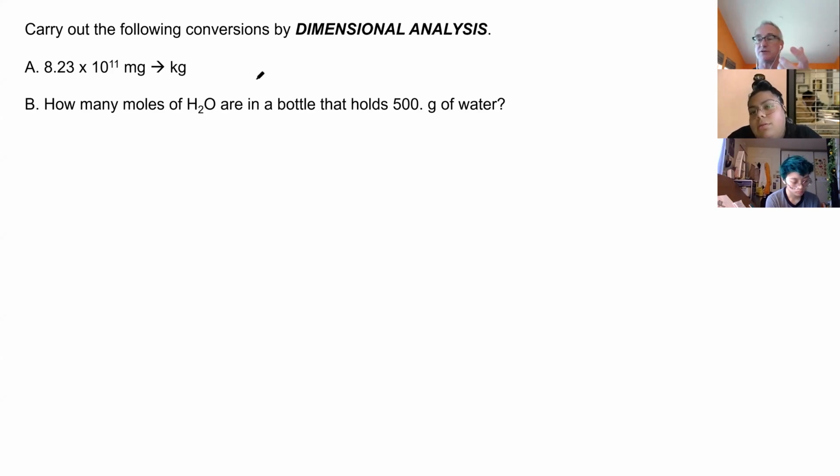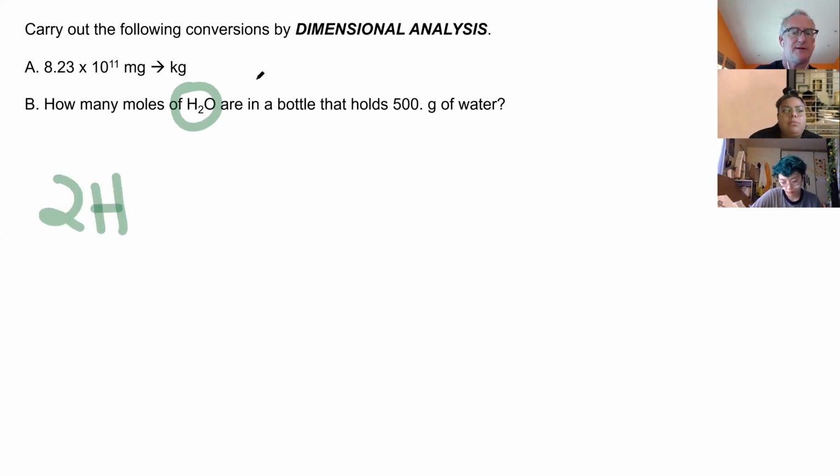So let's do that first. We need the molar mass of H2O. To do that, we need to count how many atoms are in the molecule and the mass of each one. How many atoms of hydrogen do we have? 2. So we have 2 atoms of hydrogen, and how many of oxygen? 1.